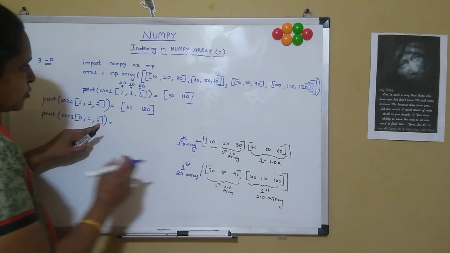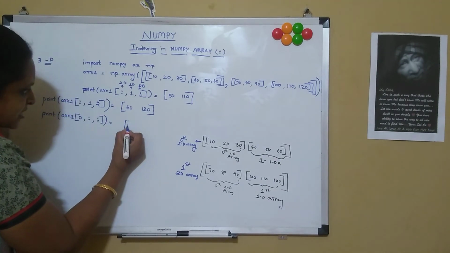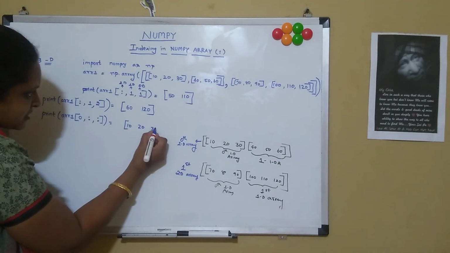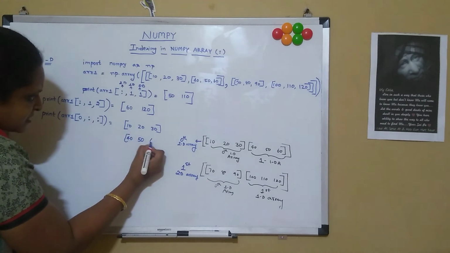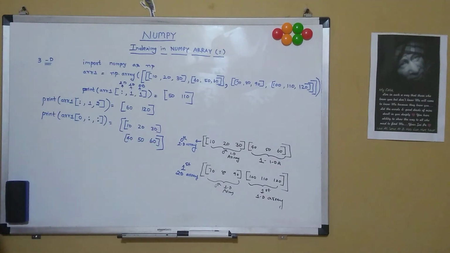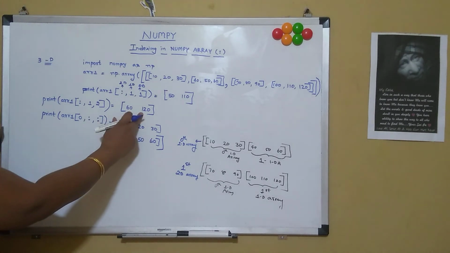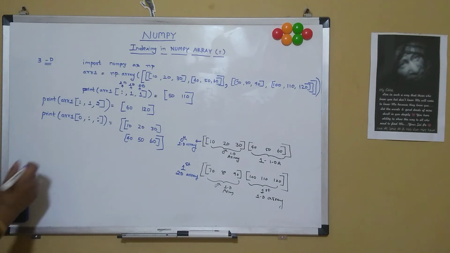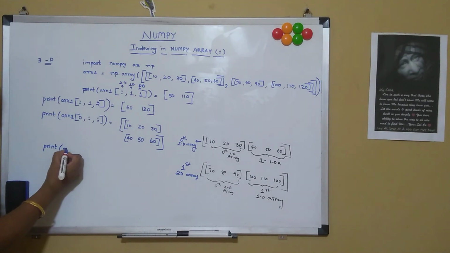And again I gave colon, so it will consider all the elements. So my array would be 10, 20, 30, and then 40, 50, 60, which forms a 2D array. So we have got a plane of elements. With the help of colon, we can get a plane or a row or a column of elements.